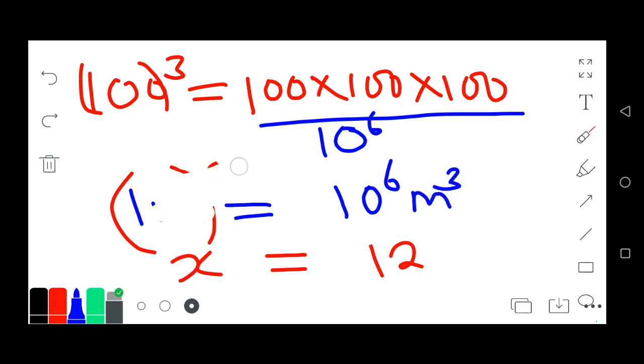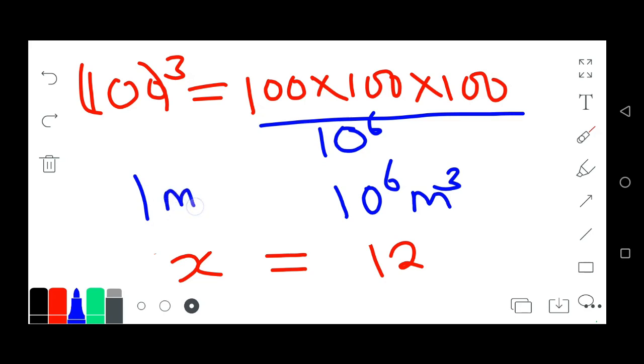And also this part, 1 to the power 3 is just 1, and m to the power 3 is just m to the power 3. So then I can cross multiply. So I'm going to have x multiplied by 10 to the power 6, which is just 10 to the power 6x, equals to 12.